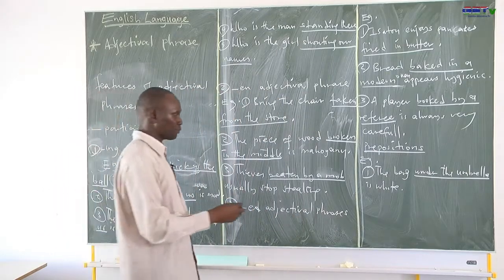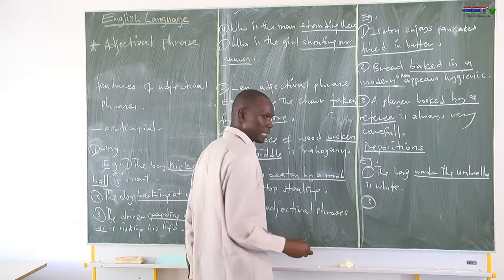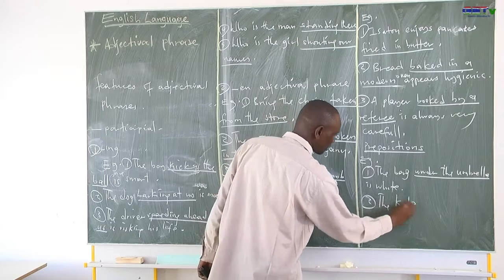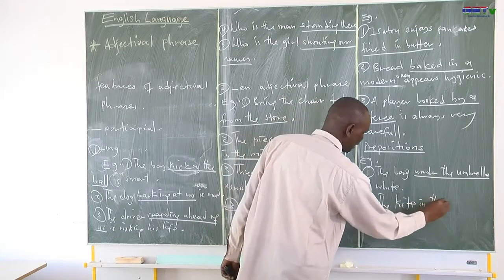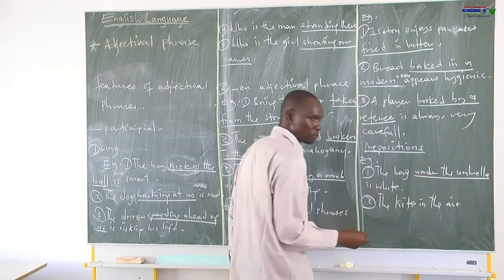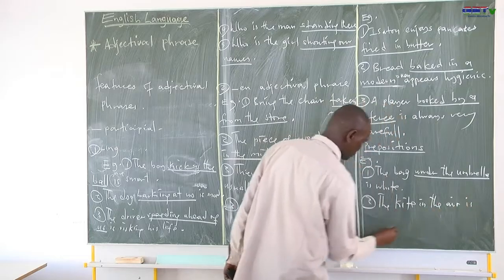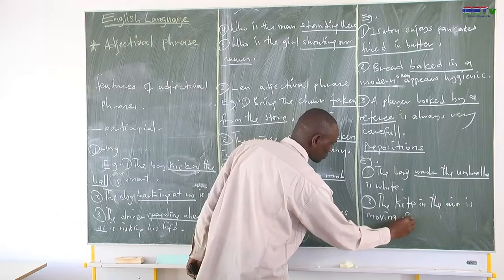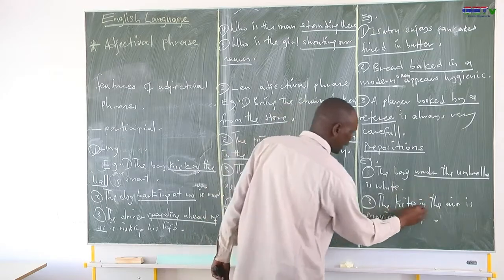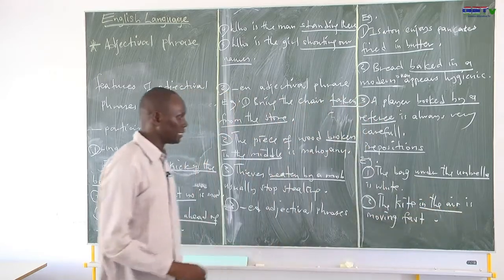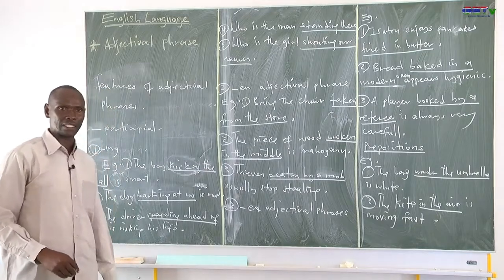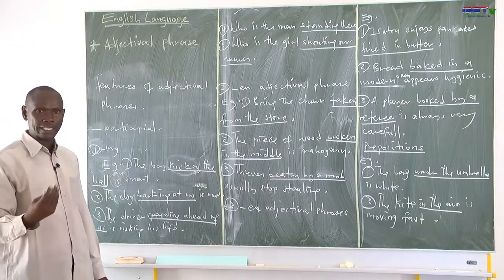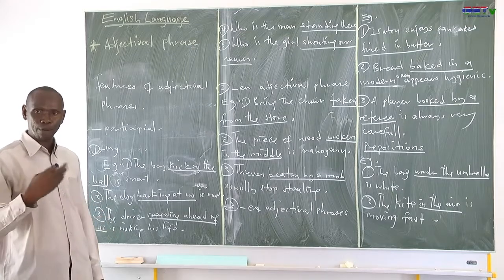Example 2: the kite in the air, the kite in the air is moving fast. Now, "in the air" is underlined. When you look at this example also, the head word there is in, which is a preposition, so we call it a prepositional phrase.